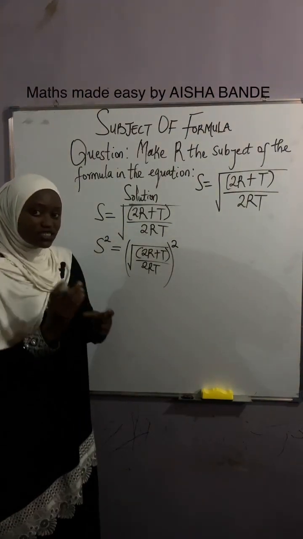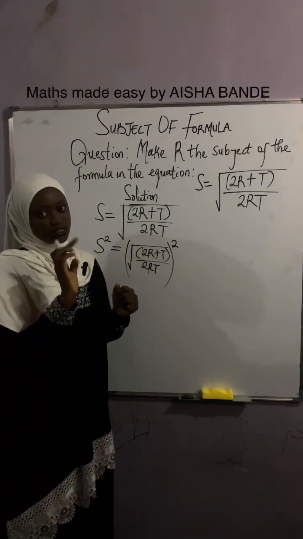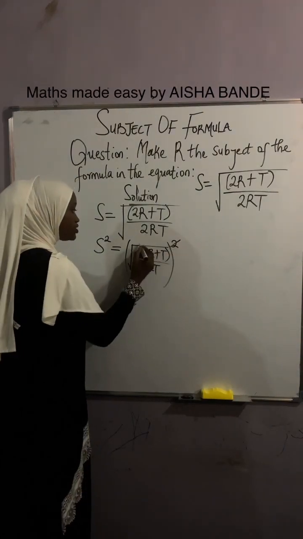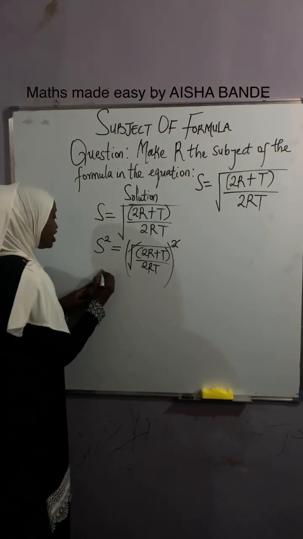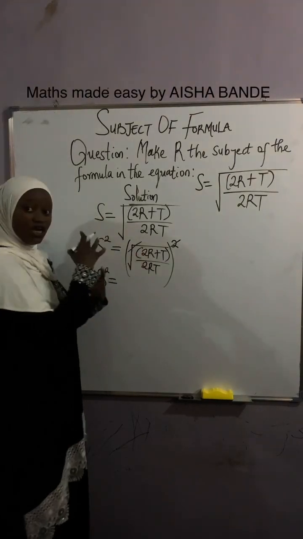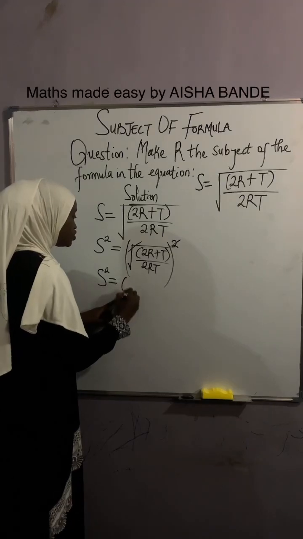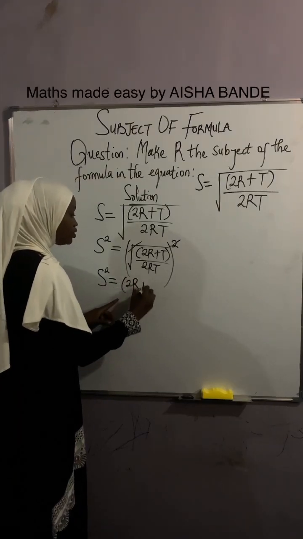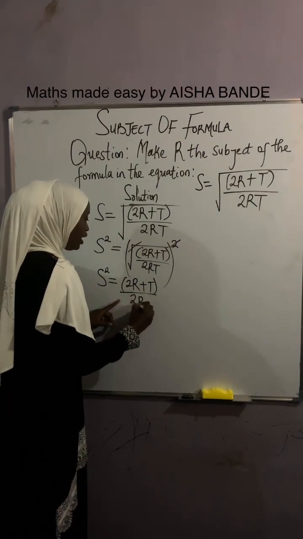So in mathematics, the power of square cancels out the square root sign. So this square now cancels this square root. Let's simplify further. Here we have s square is equal to, now the square root symbol is out. We are left with open bracket 2r plus t all over 2rt.